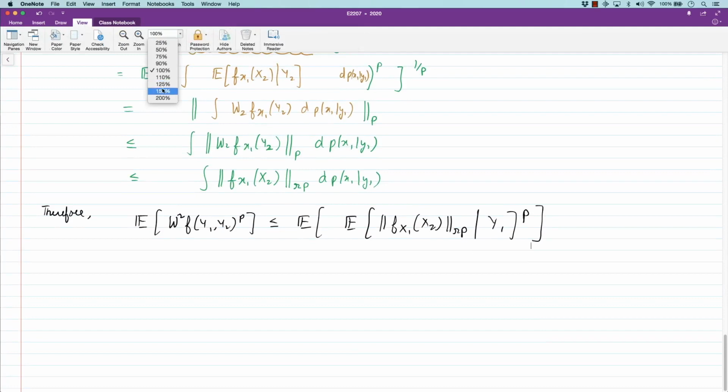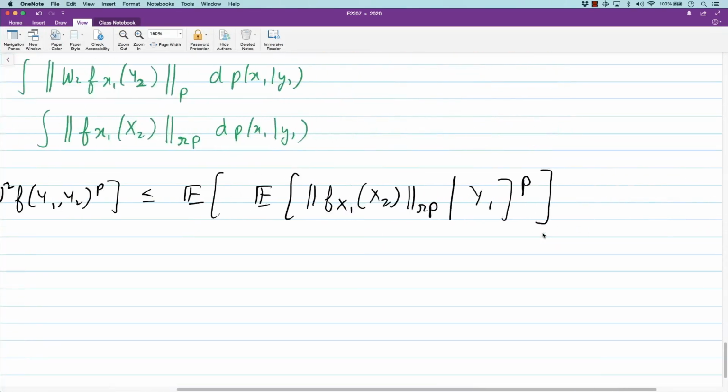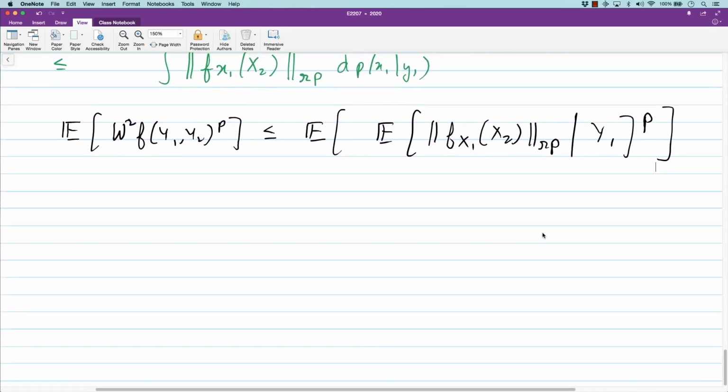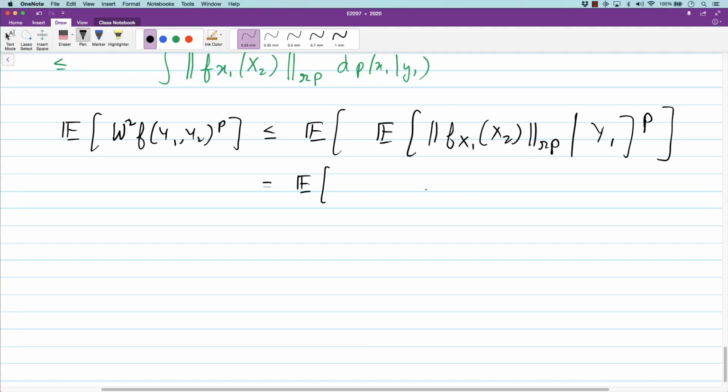So we've already used hypercontractivity for the second coordinate, and now it's time to use hypercontractivity for the first coordinate. So this is less than or equal to, now we apply hypercontractivity for the first coordinate. You see, this is exactly that form. This is exactly equal to the expected value of, we'll name this function something.